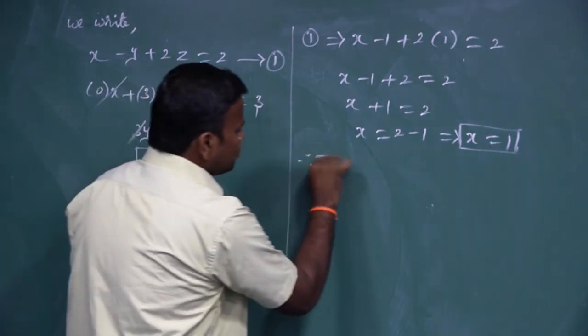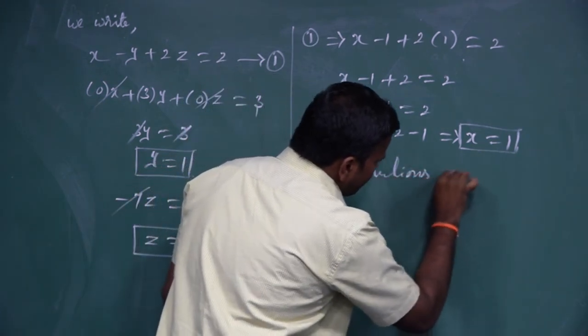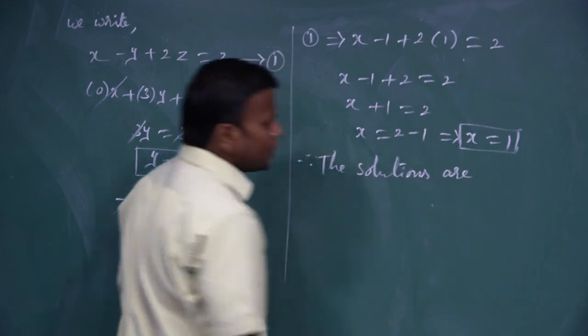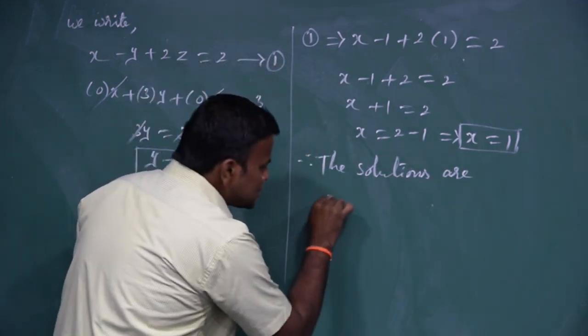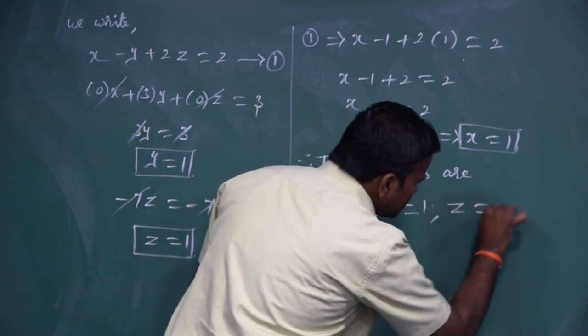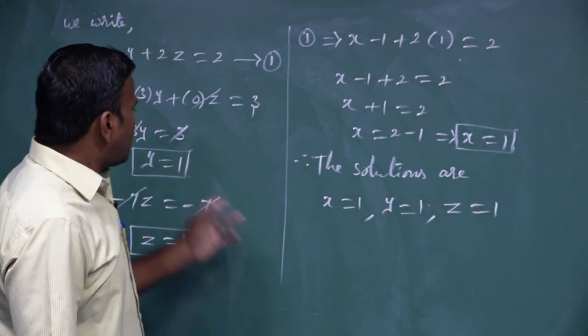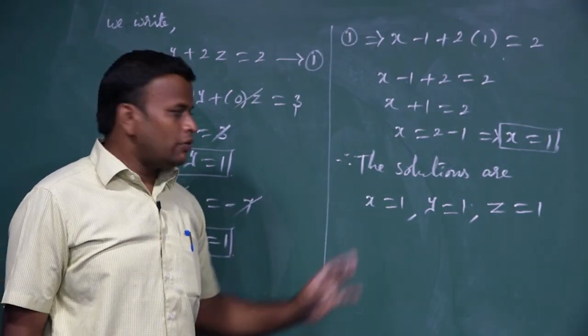Therefore, the solutions are x is equal to 1, y is equal to 1 and z is equal to 1. In this particular question, all the values become 1, but in other questions the values are different.